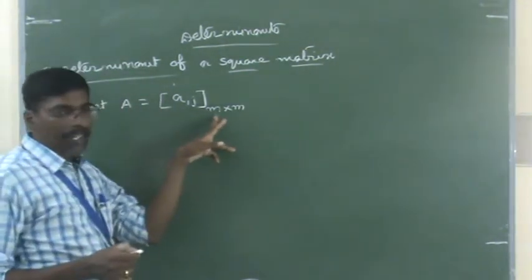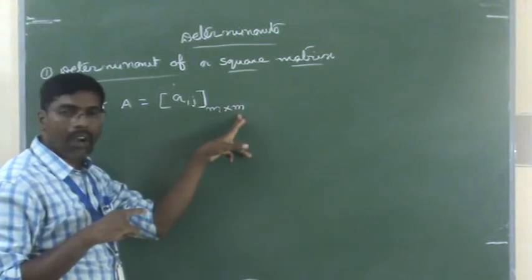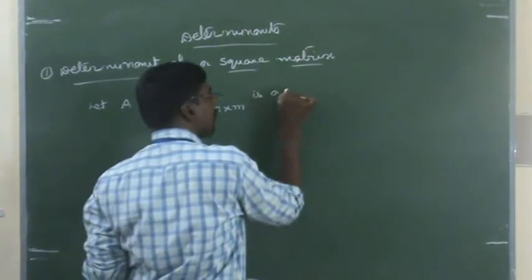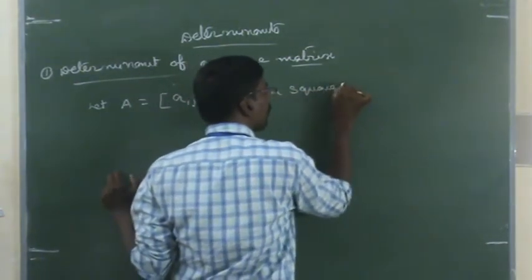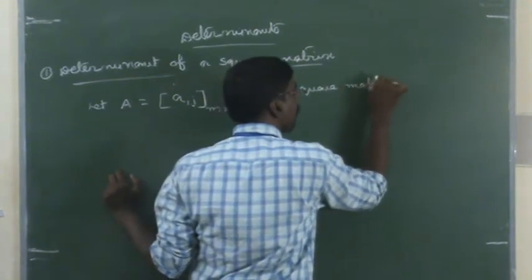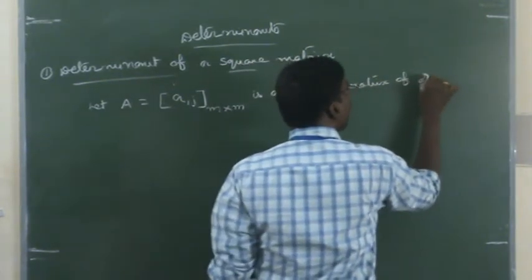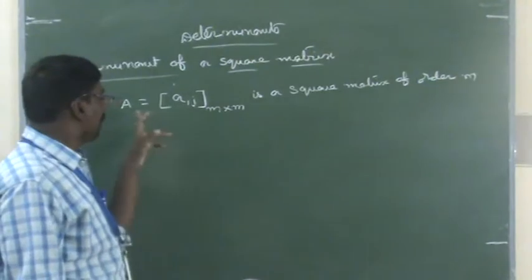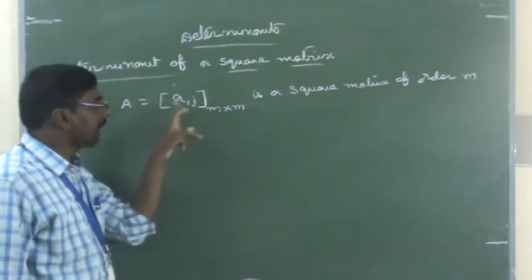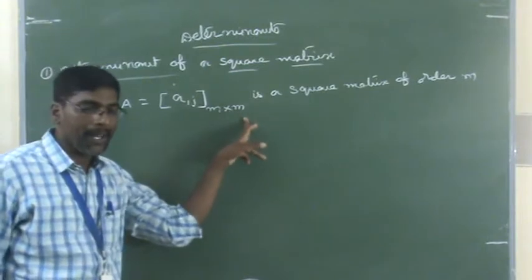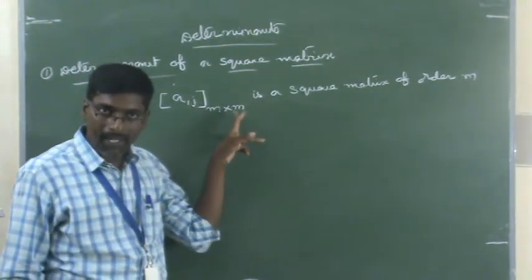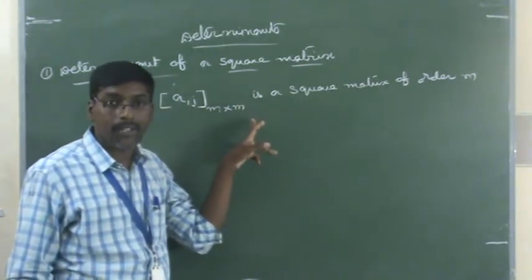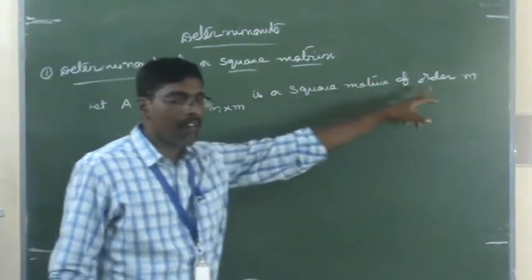M by m means the number of rows is m and the number of columns is also m. Rows and columns are equal, so this is called a square matrix of order m.